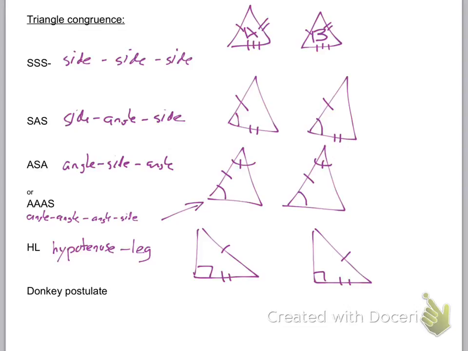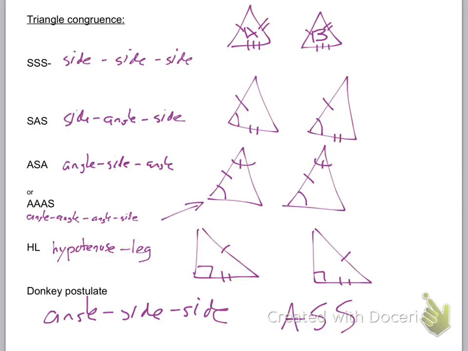And then there's something called the donkey postulate. What do you think it is? I'll say the words. Angle, side, side. But if I wanted to abbreviate that, what would it be? It'd be ASS. Oh my, I'm recording this, guys. Now, here's the thing.